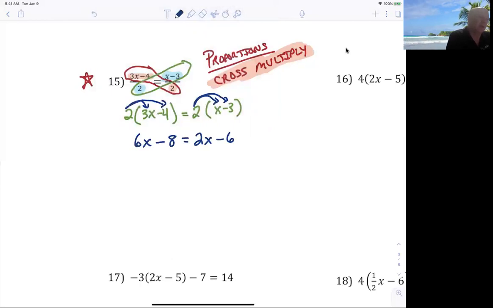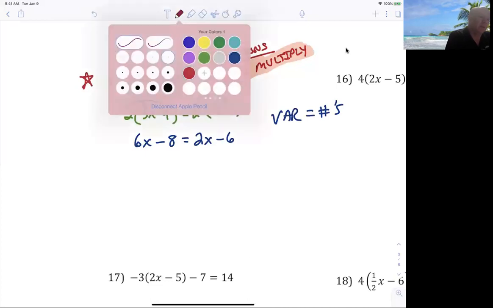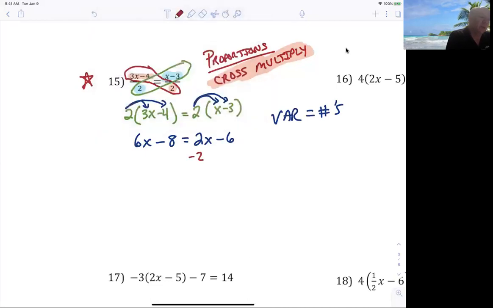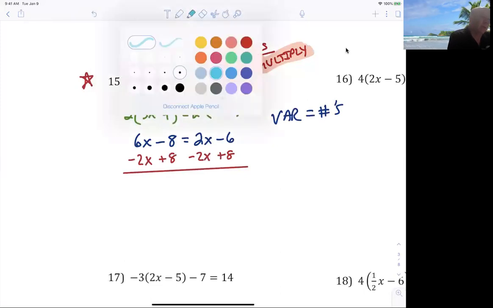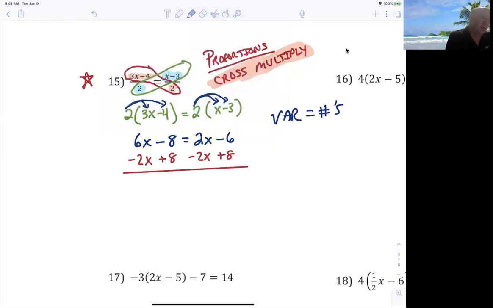Now we're back to variables on the left, numbers on the right. So I'm now going to take the 2x and move it to the left. I'm going to take the 8 and I'm going to move it to the right. Notice every time I move a variable or a number, I change the sign. Now you should be able to see the negative 8 and the positive 8 cancel out.